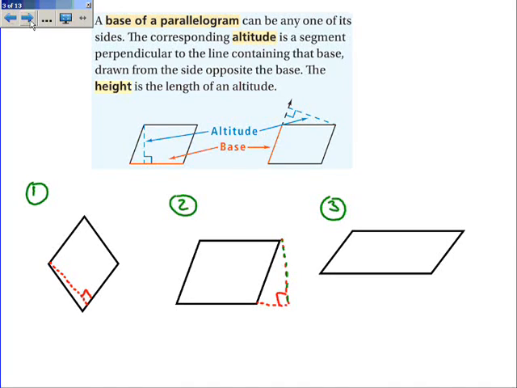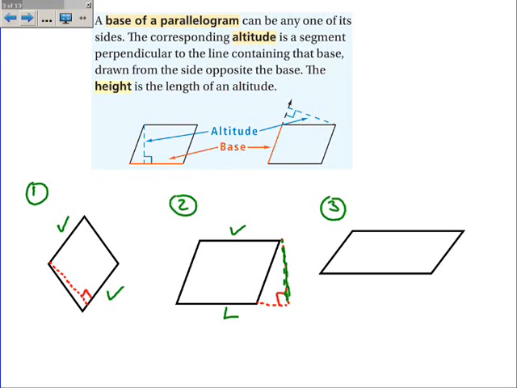So like on number 1, there isn't a bottom one because the base doesn't have to be on the bottom, but looking perpendicular to this red line, which is the altitude, these two sides are the bases. Number 2, this right here is the height or altitude, so the bases must be the top and the bottom.